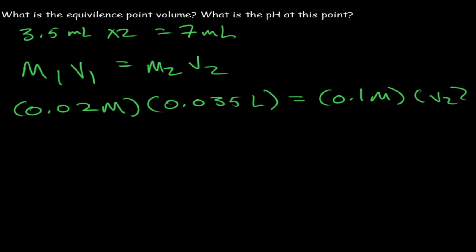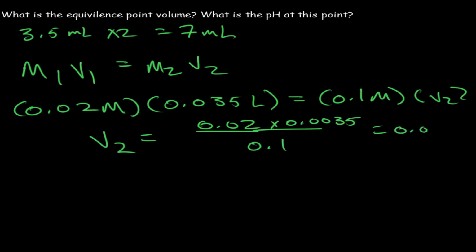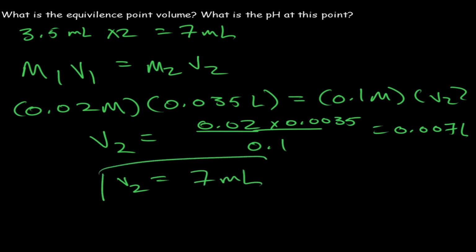If we simply divide both sides by 0.1, we will get our V2, and that would be equal to a value of 7 milliliters, which is going to be 0.007 liters. So the equivalence point volume, again, another way of calculating it is M1V1 equals M2V2, and that will give us a value of 7 milliliters.